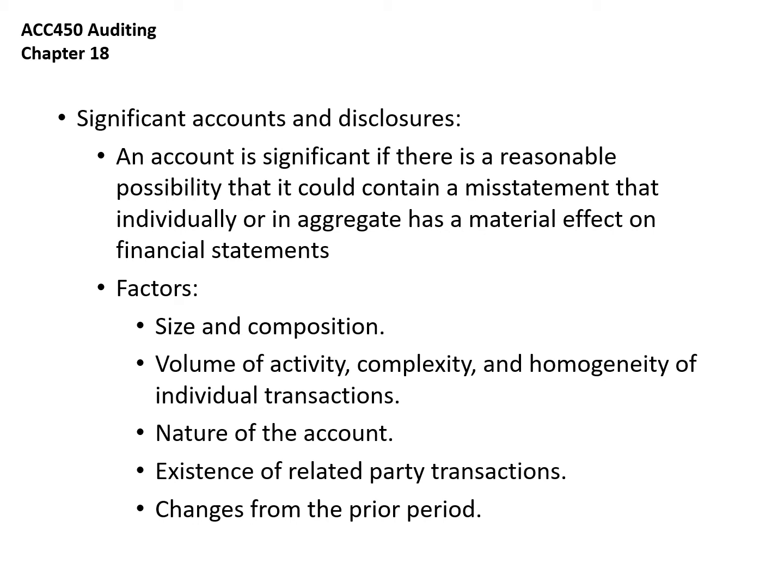Again, if there are related party transactions, that's automatically going to make it a significant account. And then if it's changed significantly from the prior period. Now, all of what I've just described is something that would sound familiar to you because it's something we would do in the normal course of the audit anyways. But in this respect, we'll just have an internal control lens on the topic.